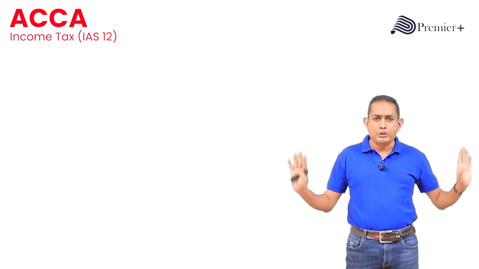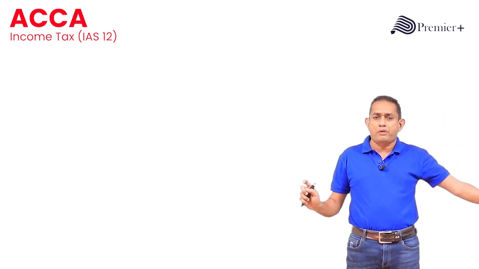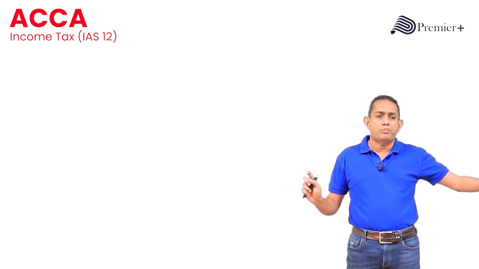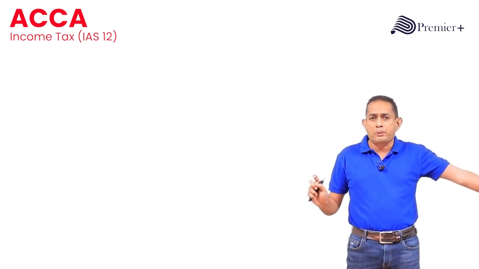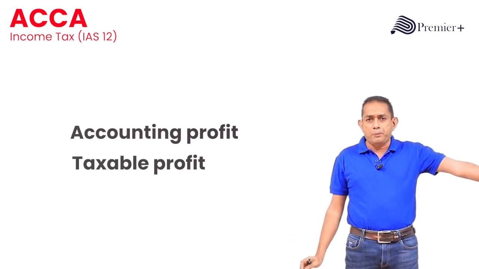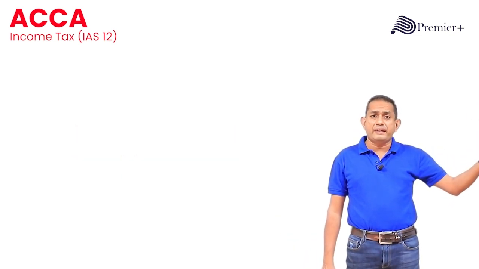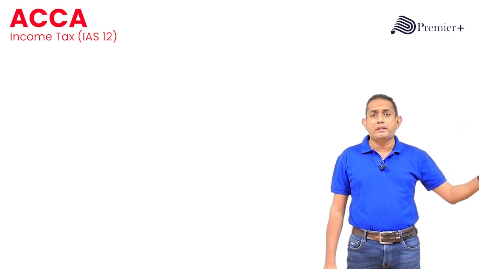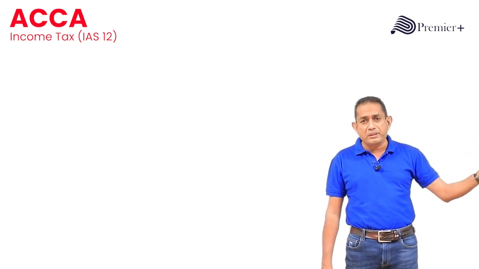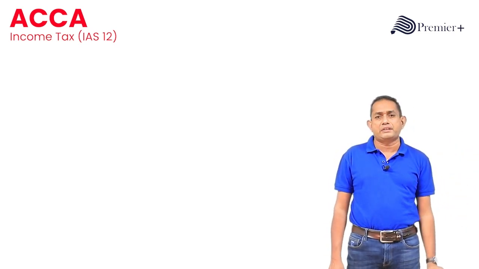So in our discussions, we talk about two kinds of profits. One has to be accounting profit. The other one has to be the taxable profit. So what is the accounting profit? The accounting profit is the profit calculated based on IFRSs, and that has to be the profit in the profit and loss statement before paying taxes.